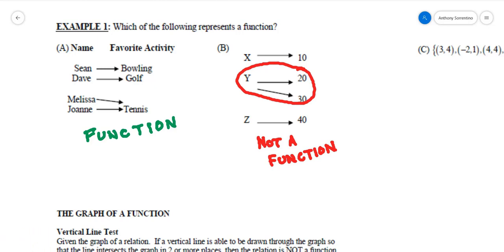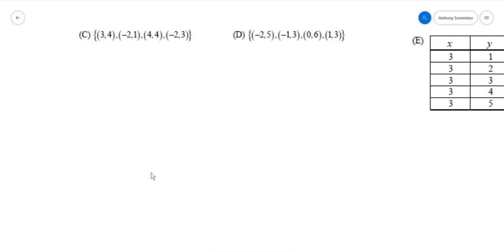Another way that we can represent relations is by using sets of ordered pairs. What I'm looking for here is that sets of ordered pairs put together inputs and outputs, so what I have here are a bunch of x's and y's being shown to us.